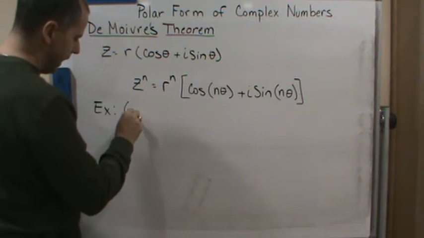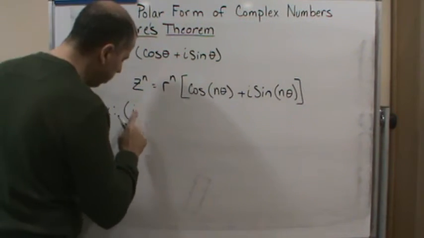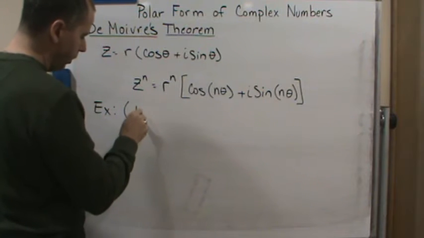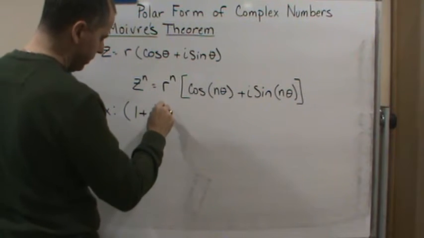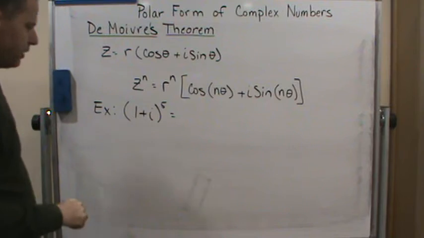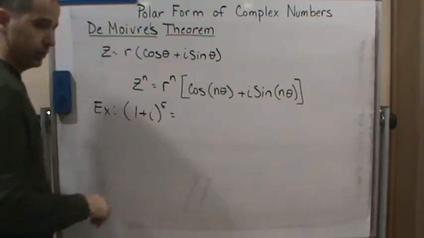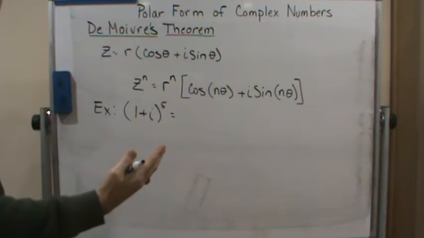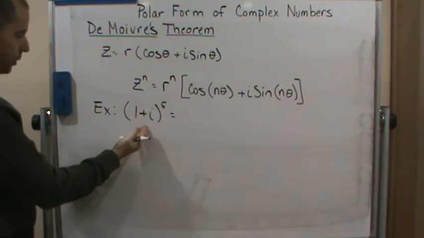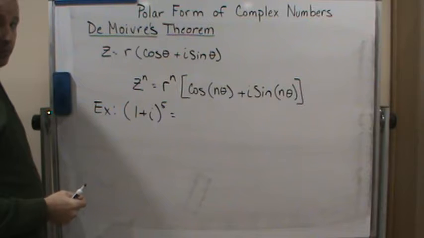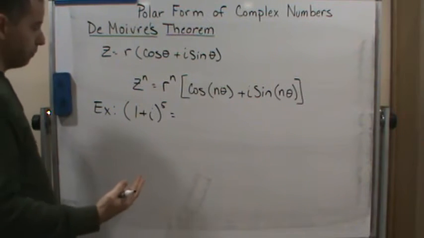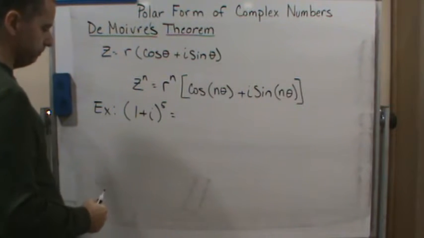So let's do an example. I've got 1 plus i to the 5th power. Now what I'm going to do is get it into polar form, because to use de Moivre's theorem, I have to first put this in polar form.